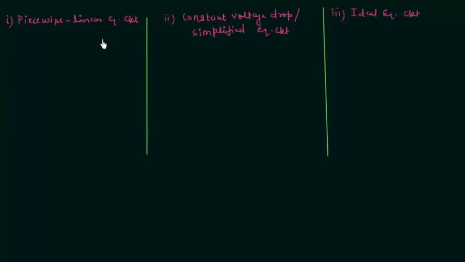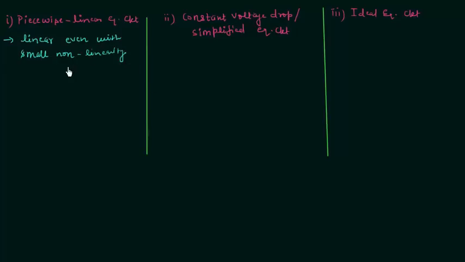There is only one assumption in the piecewise linear model. We will assume the curve to be linear even with small non-linearity.